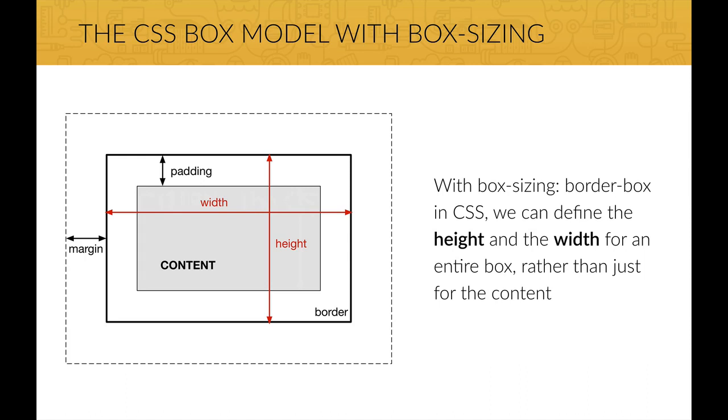This means that padding, margin, and border will be added to the height and width we specify, which is actually not what we want. But fortunately, we have a good solution for that. There is this very useful CSS property called box sizing. If we set box sizing to border box, the height and the width will be defined for the entire box. We will use this in a second.